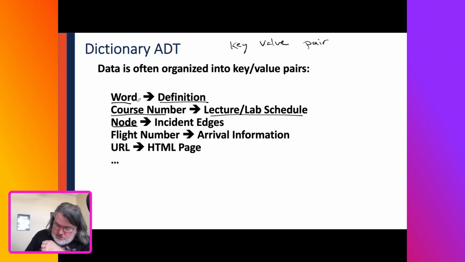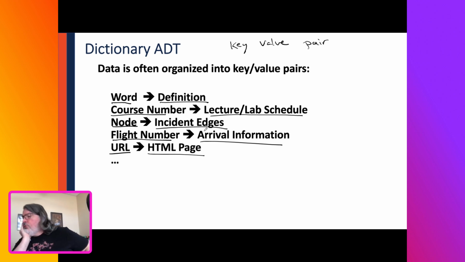On a graph, we'll talk about from a node to the incident edges, the edges that are connected to that node. We're reviewing some of the graph material. In an airline system, we have flight number to arrival information. And in fact, the entire internet can be thought of as a dictionary, which maps URLs to HTML pages. So this is everywhere.